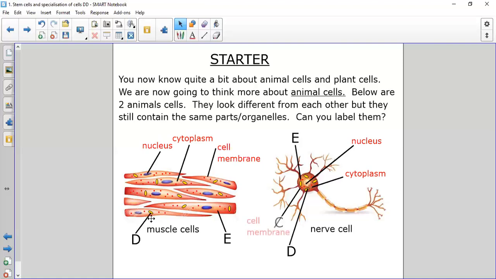D is these little yellow things. They're yellow on this one too. The mitochondria. And E is these little red dots. There are little red dots in that cell too. The ribosome. There's lots of those. Okay, so that's a little bit of revision of the last topic.